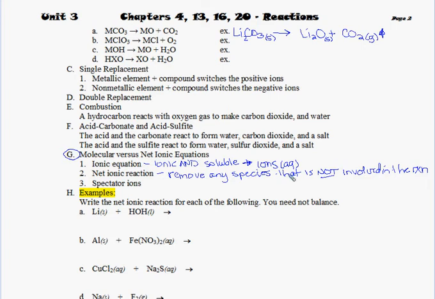We wouldn't want to remove something like the iodine that was again in the previous video, where it converted itself from a solid into the aqueous form. Those would be the ones that you would definitely want to keep. So spectator ions are the species that are removed, right? The actual ions that get removed.